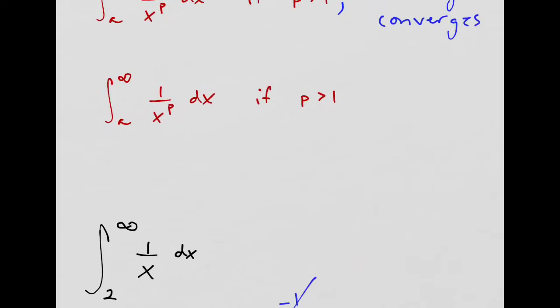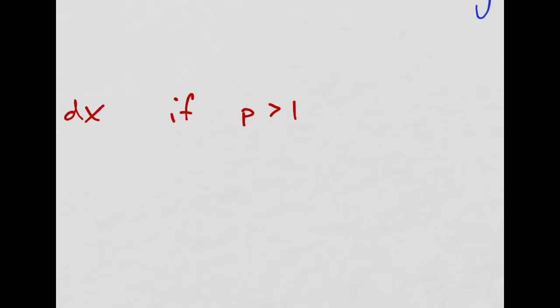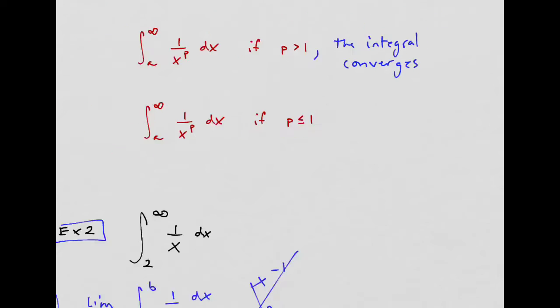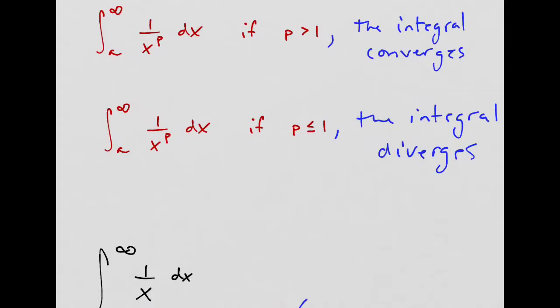So if p is less than or equal to 1, that's what I'm going to change, then what do you think is going to happen? Yeah, the integral diverges. But that only works when you have infinity on the top. If you have it somewhere else, you would have to change it around a little bit.